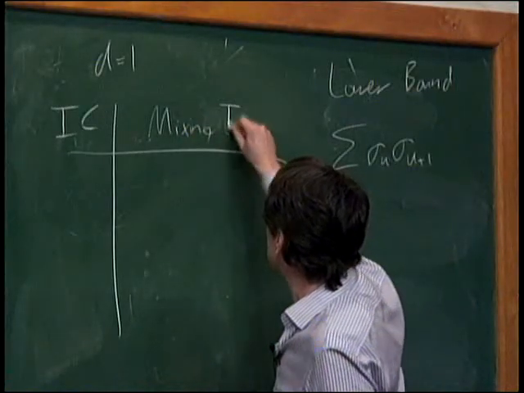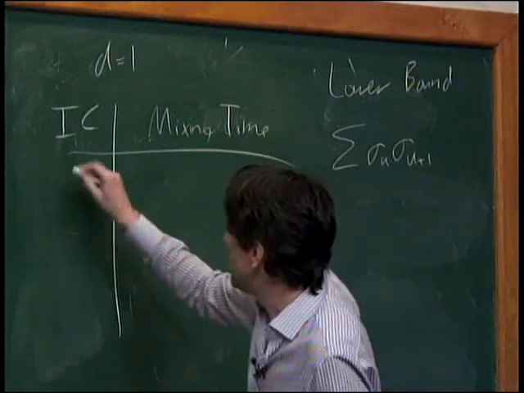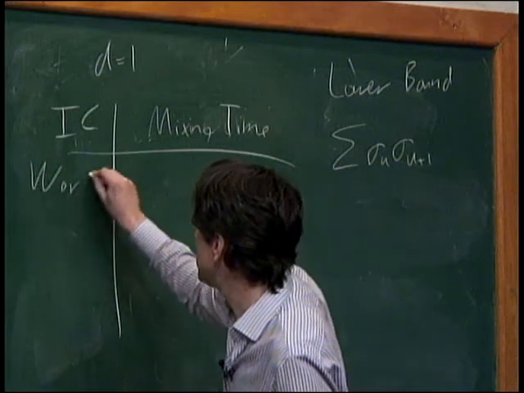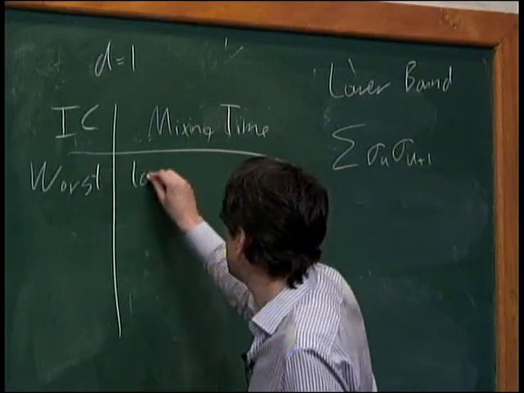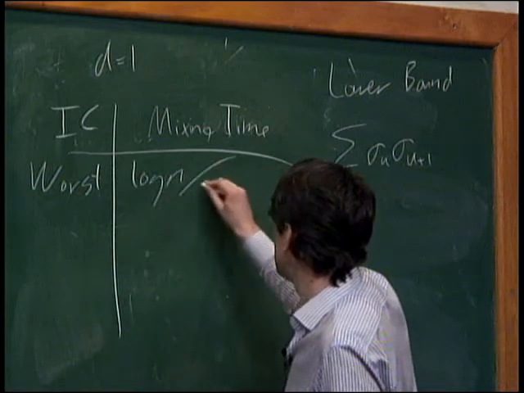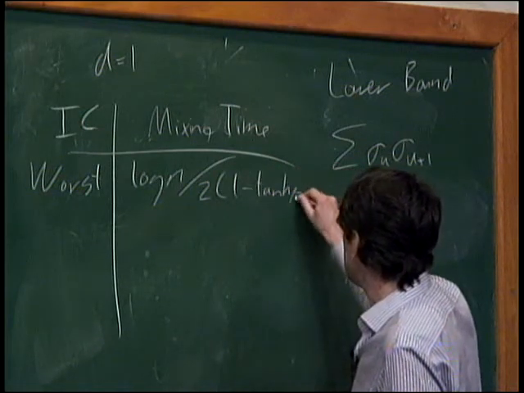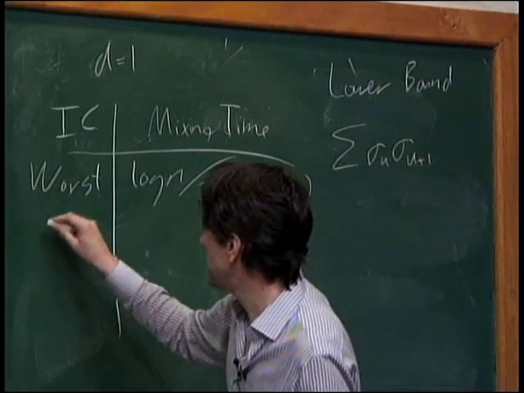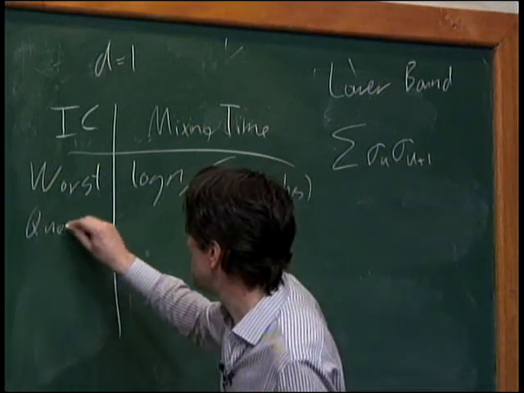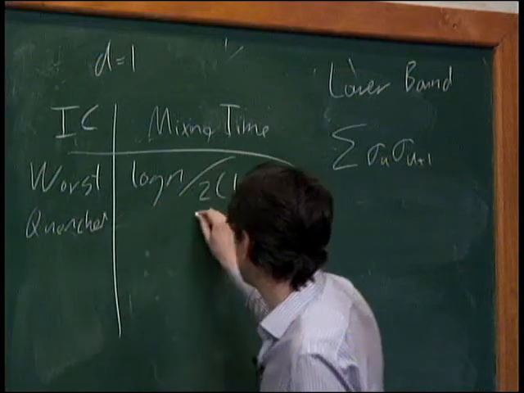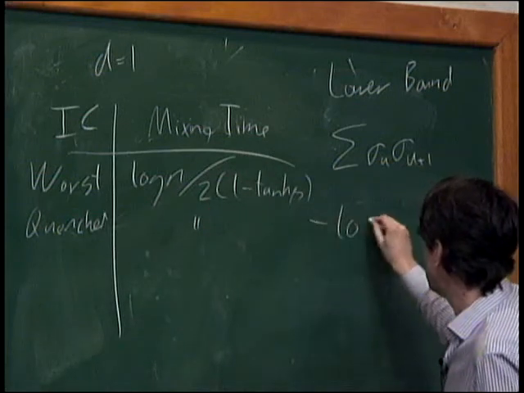So if we look at the mixing time for the worst case, we get log n on 2, 1 minus tangent beta. For the quenched, we get the same thing minus log n.